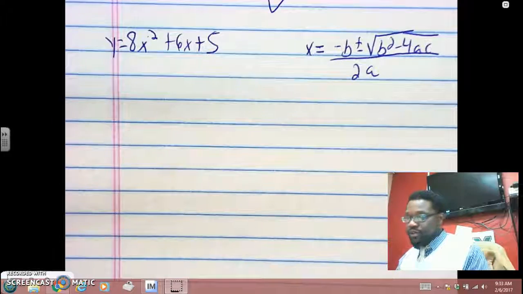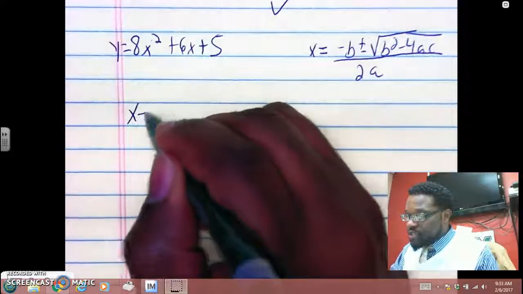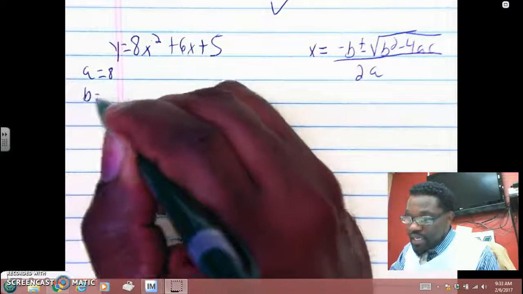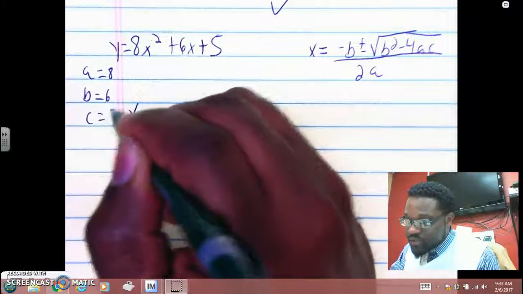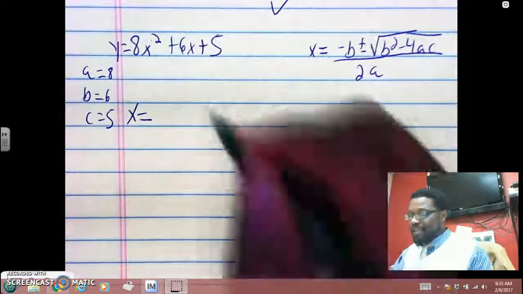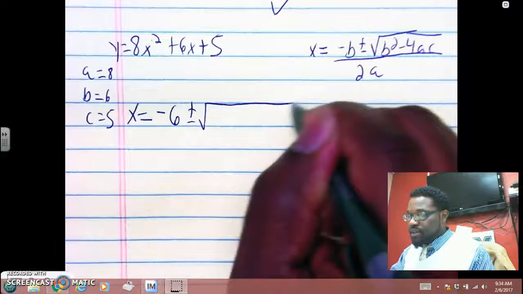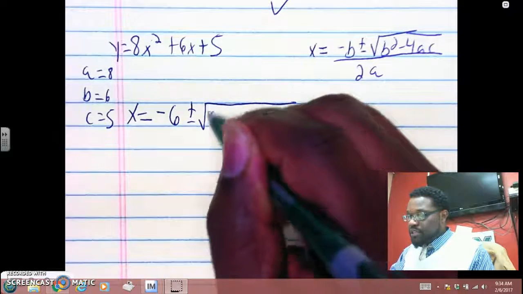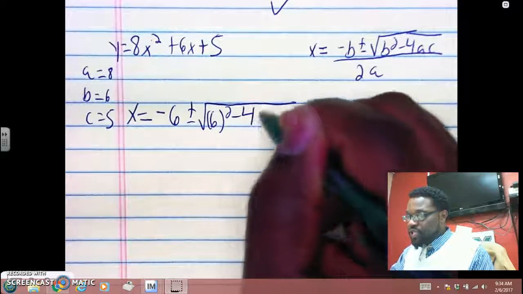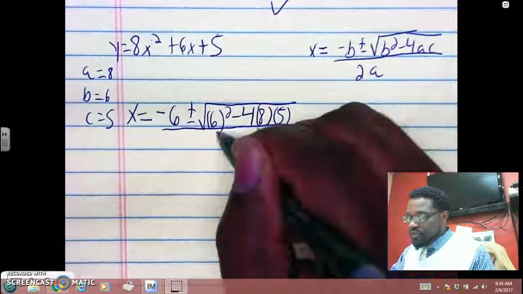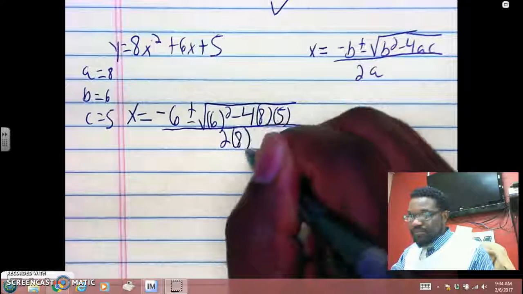So here's how it works. x substitution, remember a equals 8, b equals 6, and c equals 5. x equals negative b plus or minus the square root of b squared minus 4 times a times c, all over 2 times a.